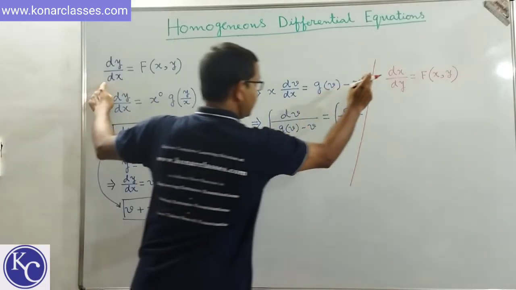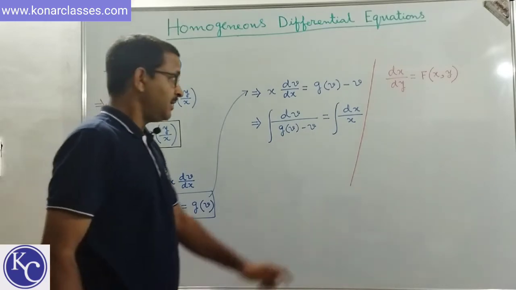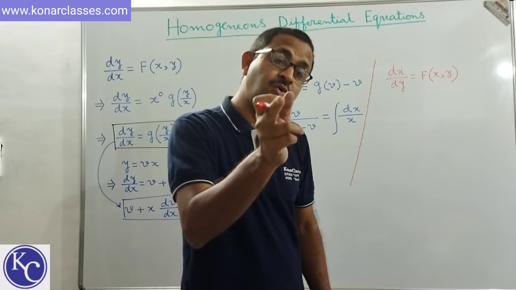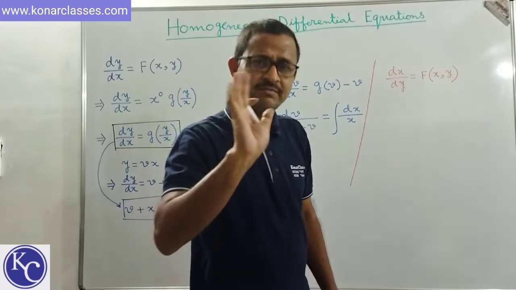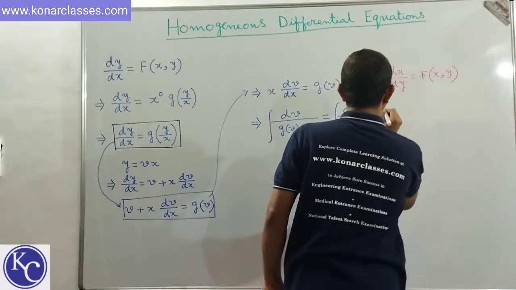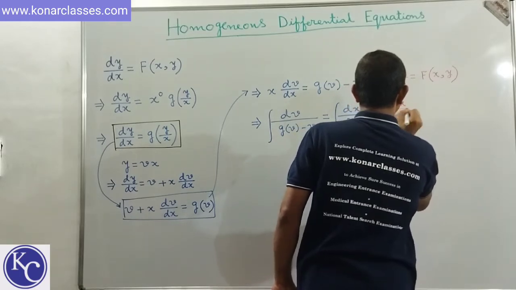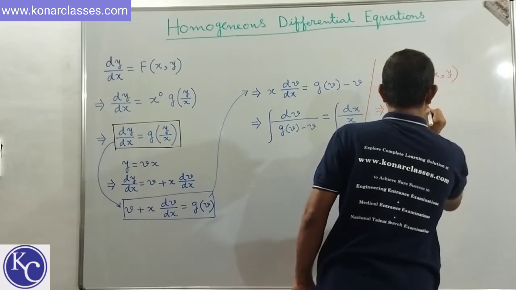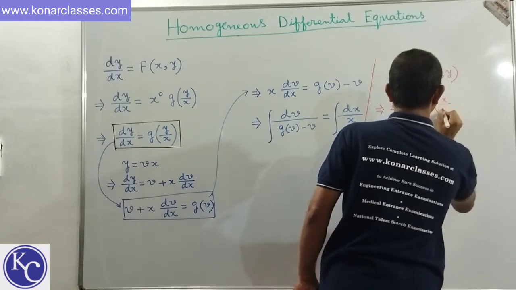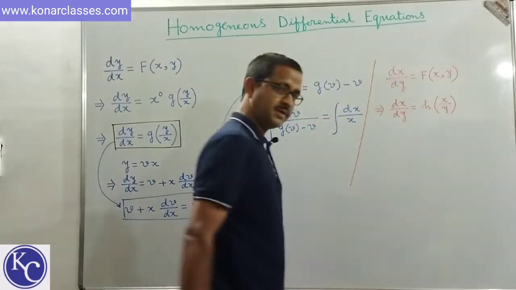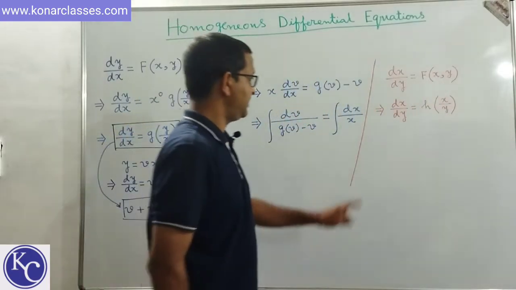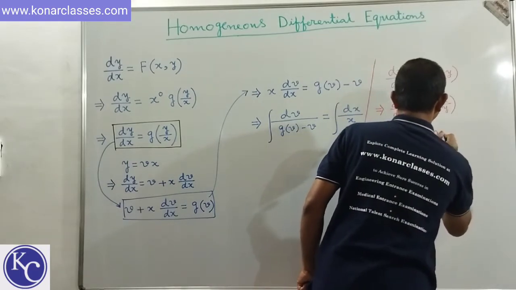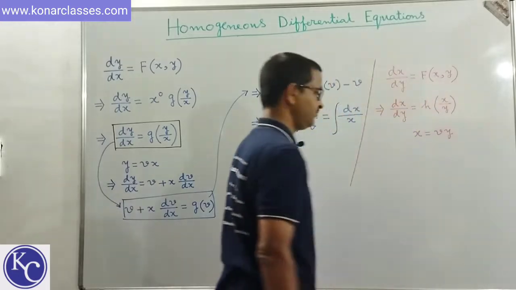Here it is dy/dx, but here it is dx/dy, but the function is f(x, y), means it is a function of x and y, and also it is a homogeneous function of degree 0. That means in simple terms we can say dx/dy is equal to a function h(x/y).